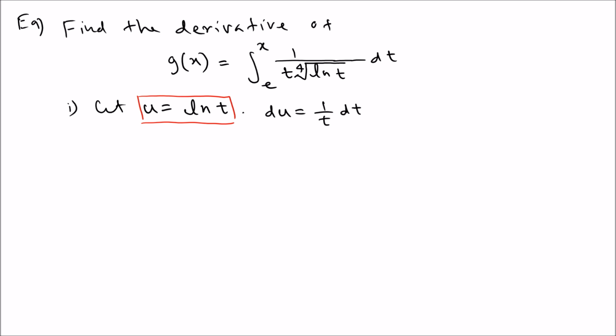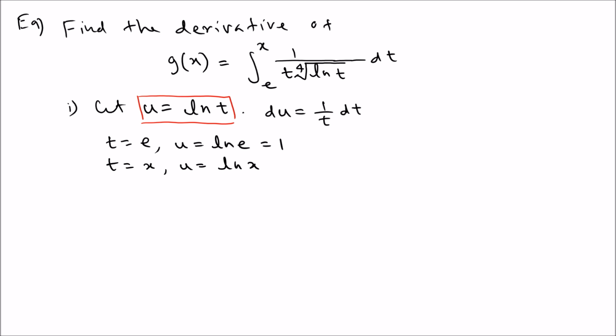When t equals e, u equals ln e, which is 1. When t equals x, u equals ln x, since we replace t by x.